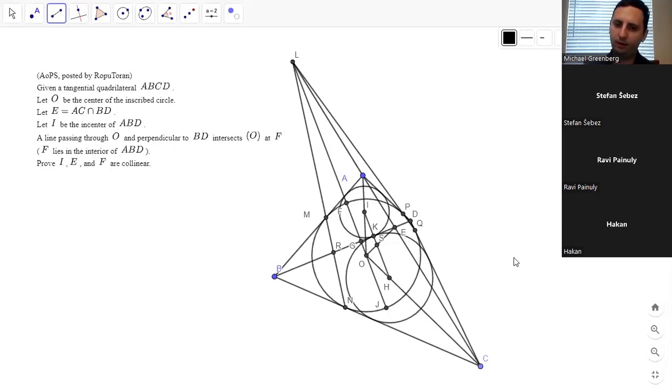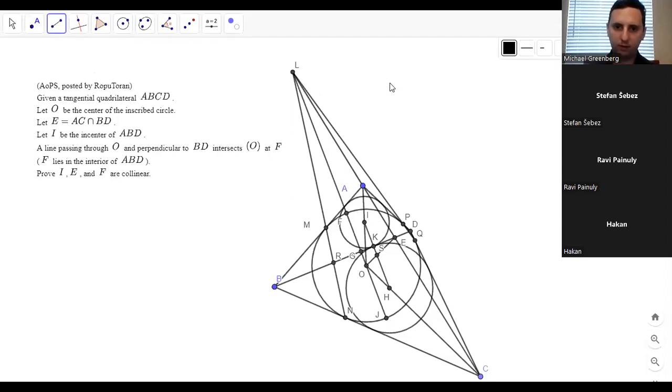Isn't that right? Or LF over LJ. I think that's right. So we want to show LF over LJ is IK over KH.